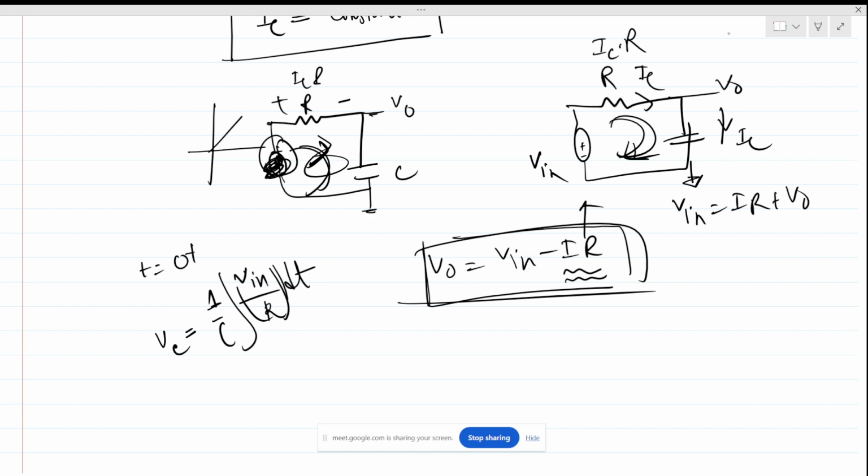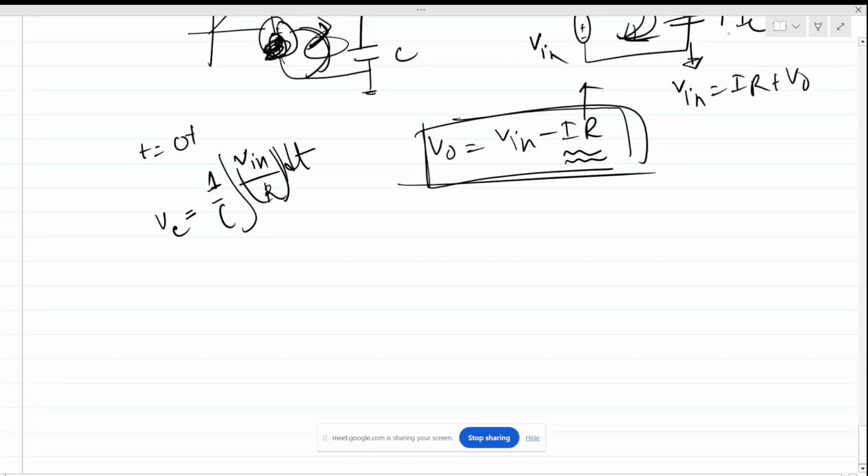Now what is the indication of the ramp? Can we directly comment? Simple. This will be a parabolic shape, like an x square term will be there, a square law.